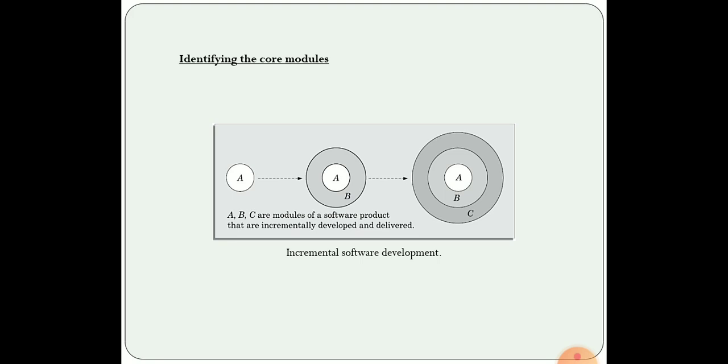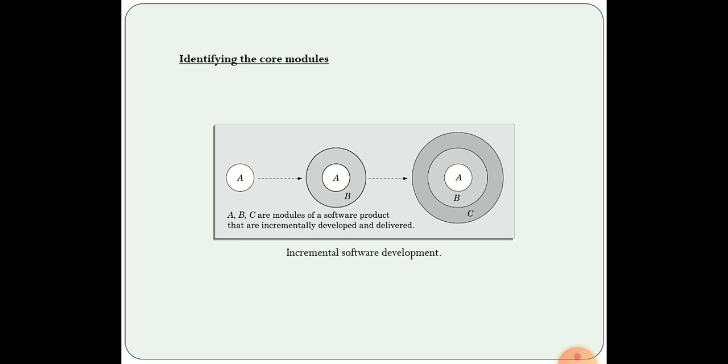The basic skeleton is the core modules, and it is further refined by adding more functionalities, and this is performed in an incremental way, not in a single step. And each evolutionary version may be developed using an iterative waterfall model of development.